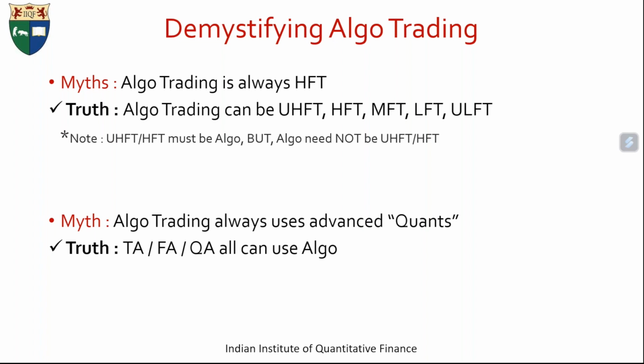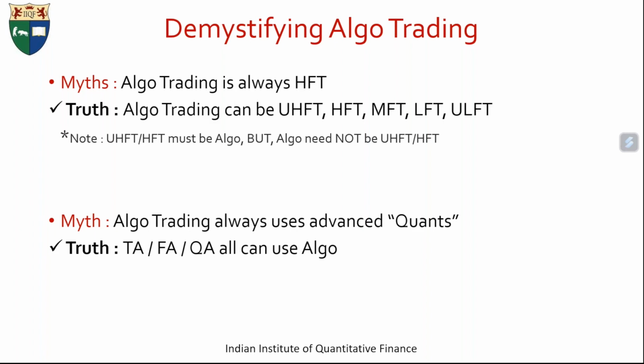So algo trading is not about only one kind of trading. As Yatish was mentioning, whatever kind of systematic trading you want to do, if your algo has a specific logic which can be written down in systematic steps, then they can be algos. It can be any frequency.